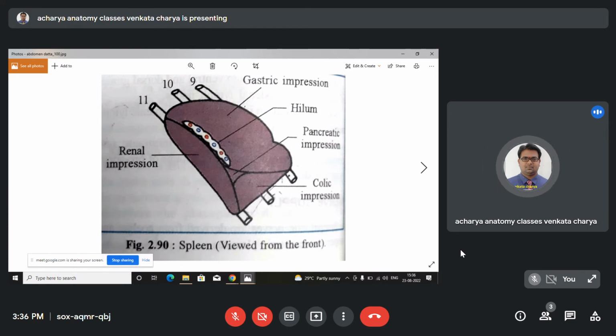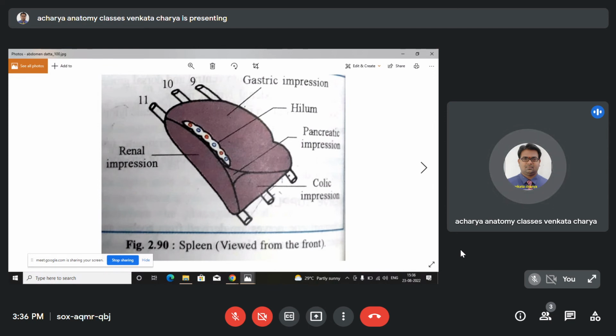Okay, next. The second one: blood vessels and arteries are done, so venous drainage. Venous drainage is by the splenic veins, one, two, three splenic veins.